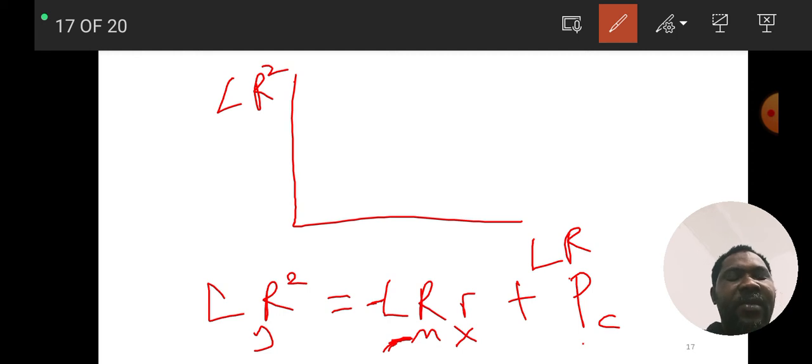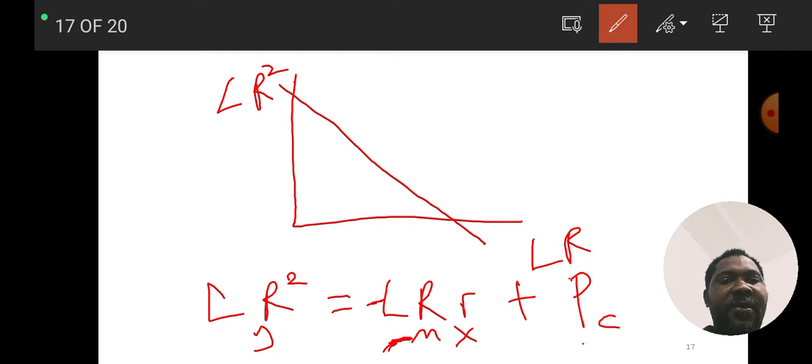Now notice that the graph has a negative slope and a positive intercept, meaning that my line is going to touch the positive y-axis, which is positive intercept, and it's going to be a negative slope. That means it's going to steep down from left to right. So this is exactly the graph.